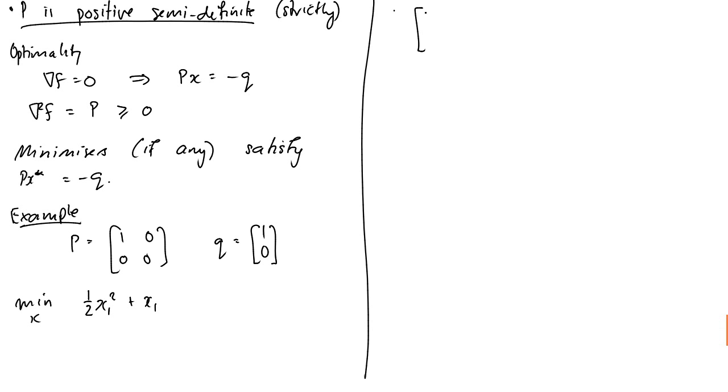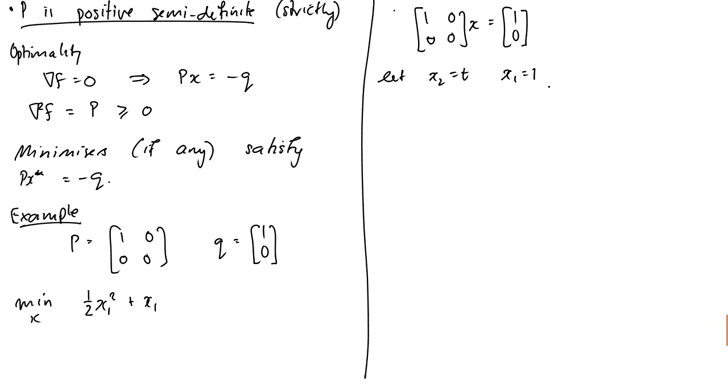Px equals q, we get [1, 0; 0, 0] x equals [1, 0]. This is in row echelon form already, so we say let x2 equal t, therefore x1 is constrained to be equal to 1, sorry, not 0.